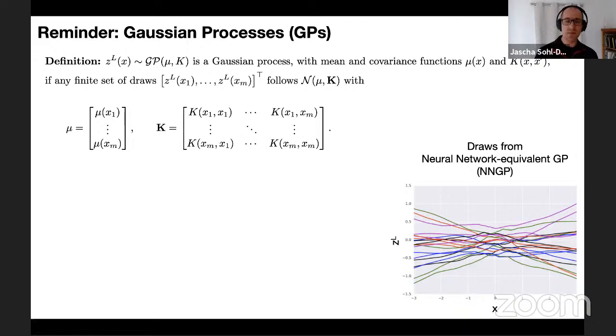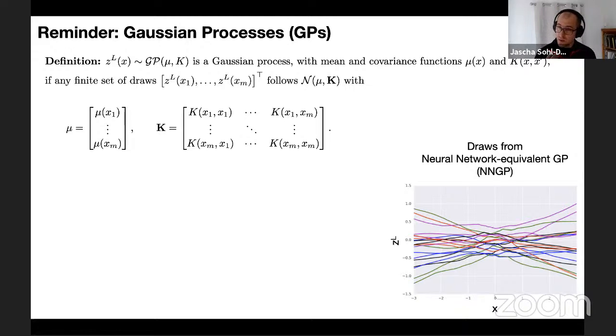You're maybe most used to seeing Gaussian processes plotted as draws of functions over a 1D domain. For instance, if you look in the lower right, this plot shows several draws from the Gaussian process corresponding to a particular neural network architecture. You could generate a plot like this, for instance, where each colored line corresponds to one random initialization of a very wide neural network, and then you're plotting just the input-output map of that very wide network.